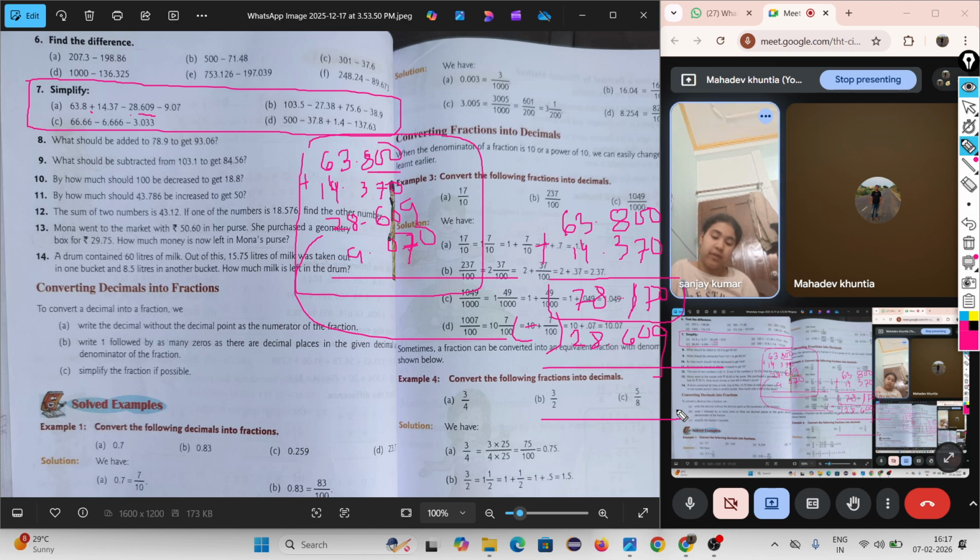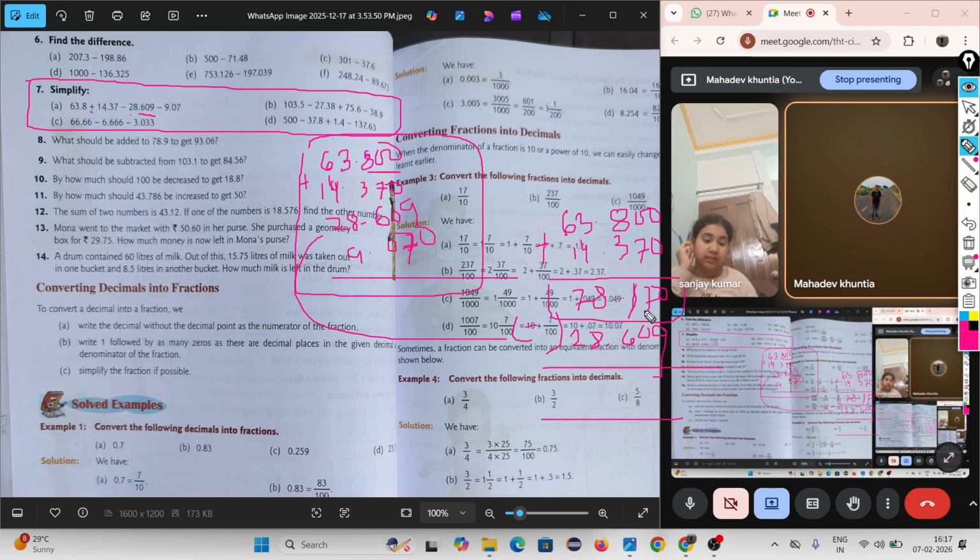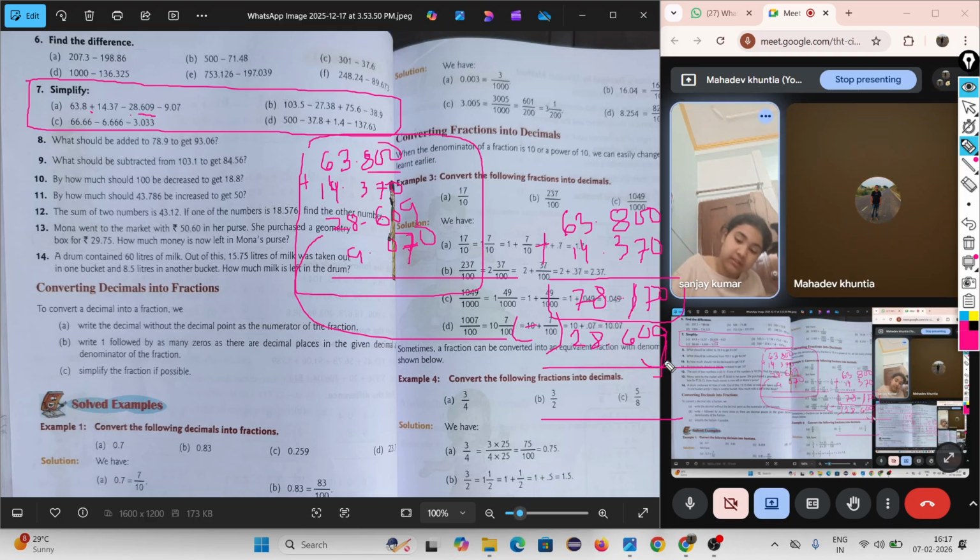I can't find it. Fine. And then do 78.170 minus 28.609. Yes.